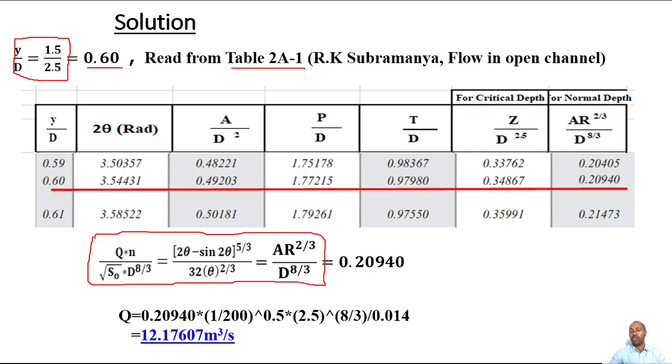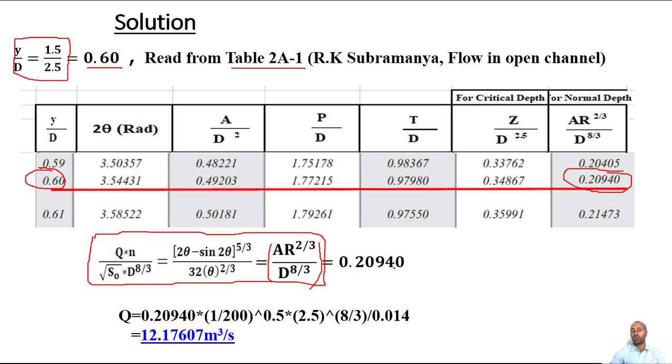So theta may be difficult to iterate. Like the trapezoidal channel, we solve for normal depth, but for this problem it may be difficult. But A R to the 2/3 over d to the power of 8 over 3 is this one. So for the 0.6 ratio, we have this one.